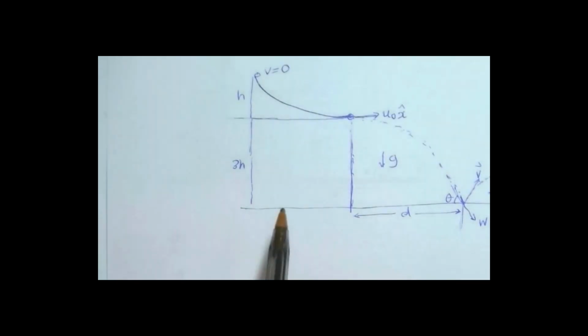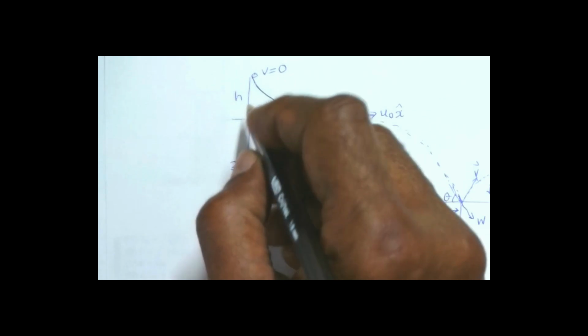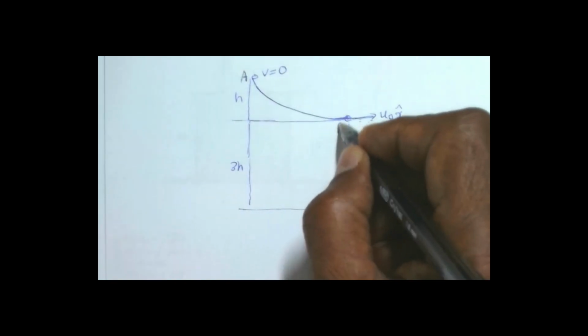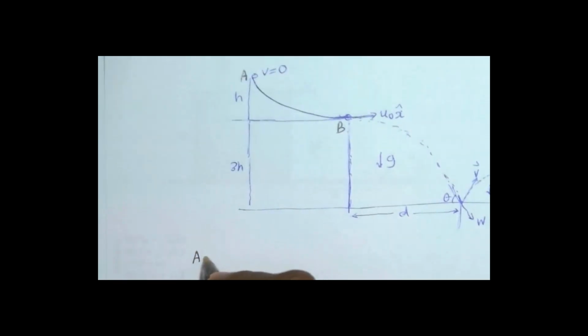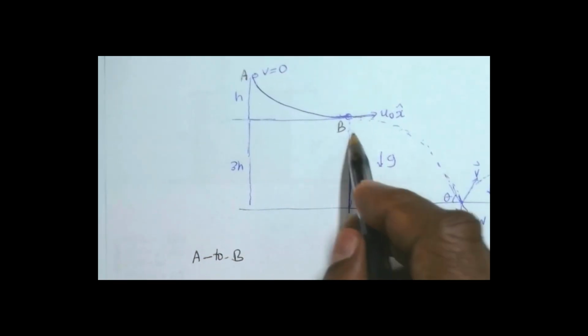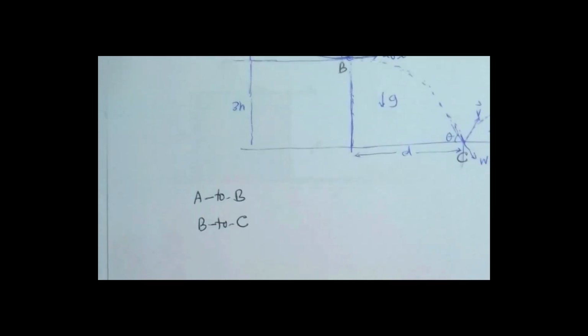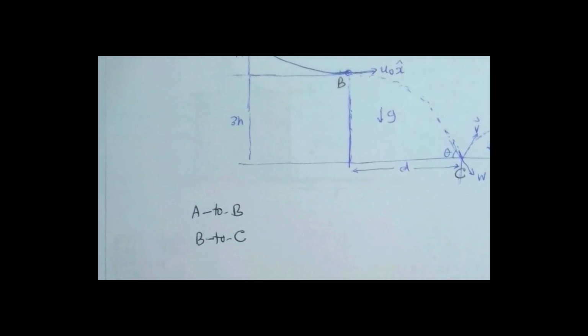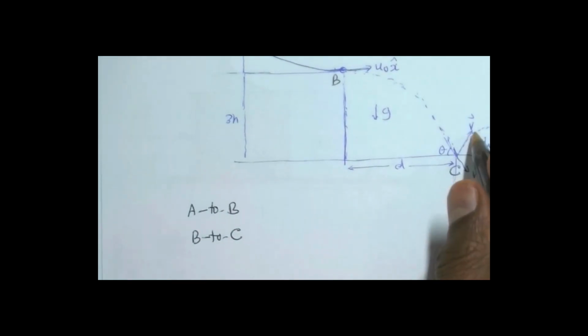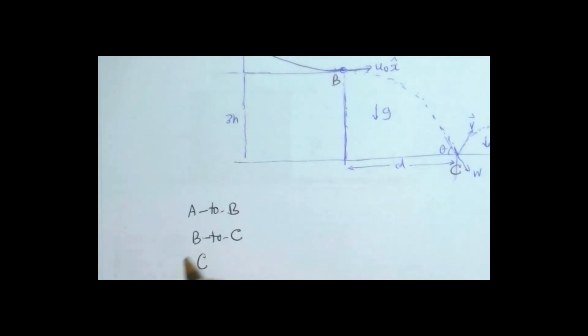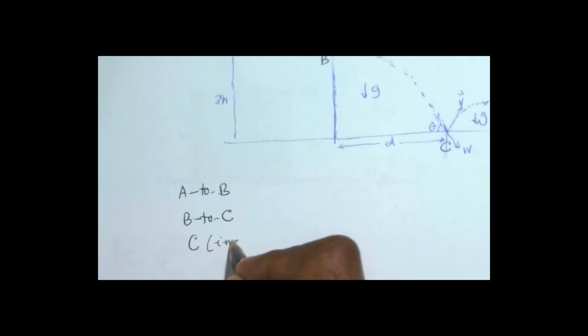Okay, so I redrew the picture, and there are point A and point B, so you have an A to B motion, and then you have a B to, let's call this point C, B to C motion, and then at C you have a bounce, which is elastic. So this is an inelastic collision.